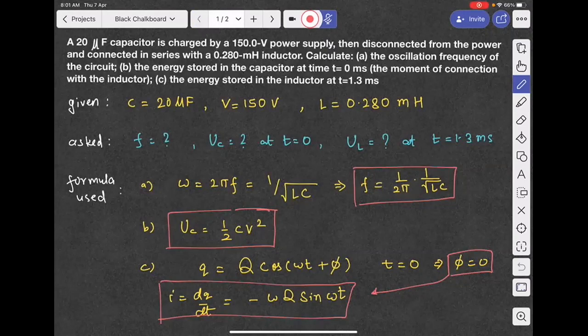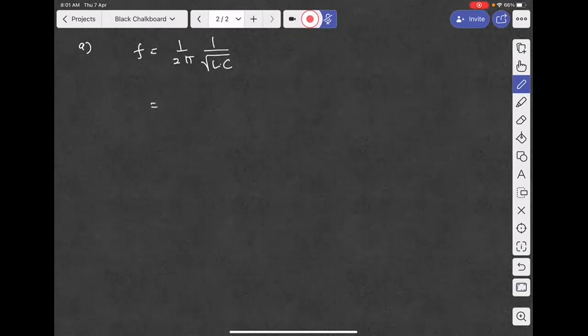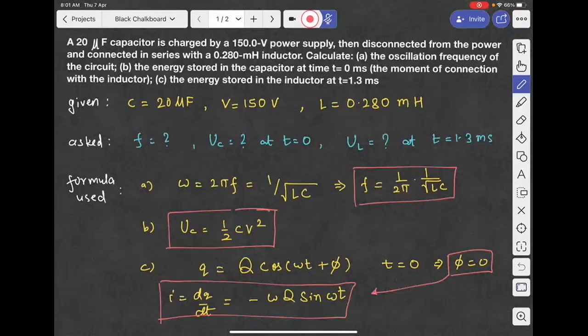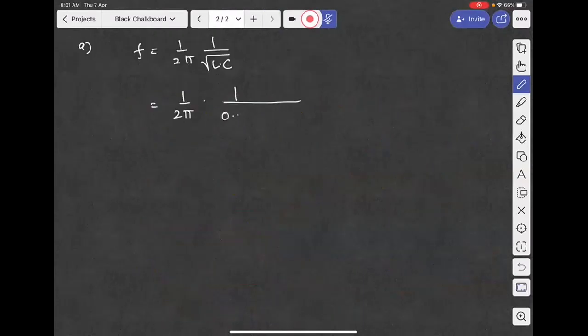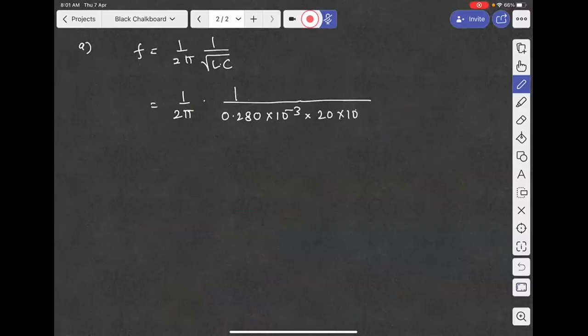A, frequency. So f is 1 upon 2 pi into 1 upon root of L into C, which is equal to 1 by 2 pi into 1 by root of, L is 0.280 milli and C is 20 micro. 0.280 milli, that makes it 10 to the power minus 3, multiplied by 20 micro, so 20 into 10 to the power minus 6, to the power 1 by 2.